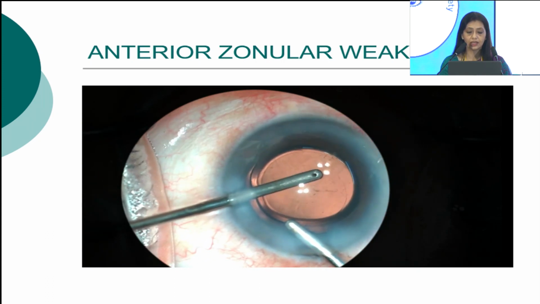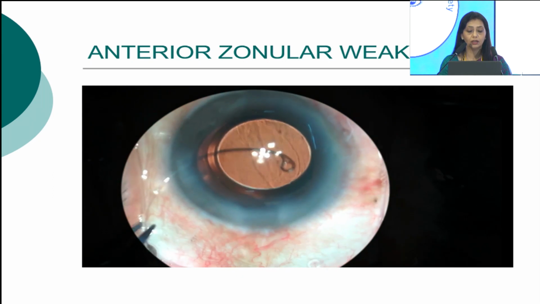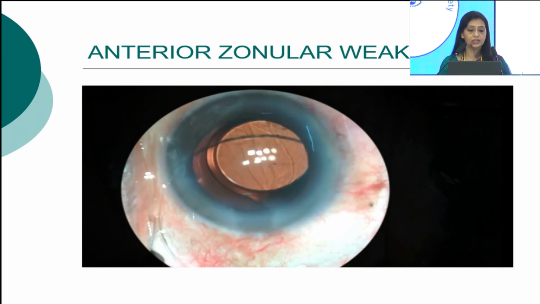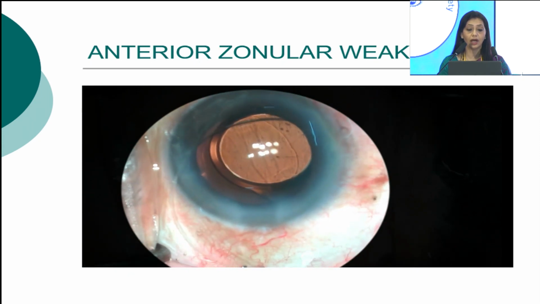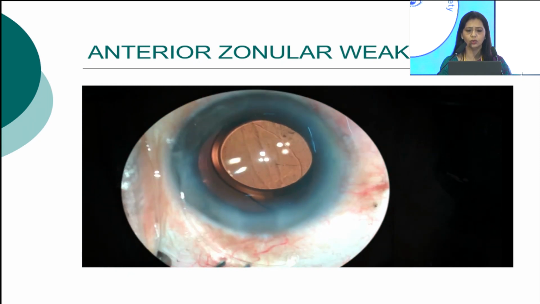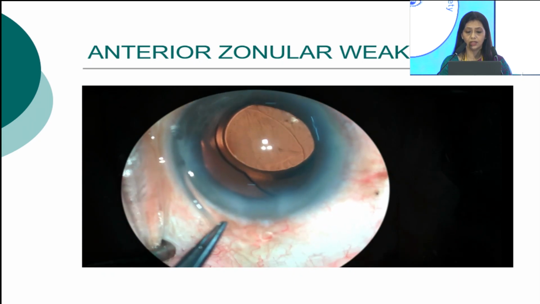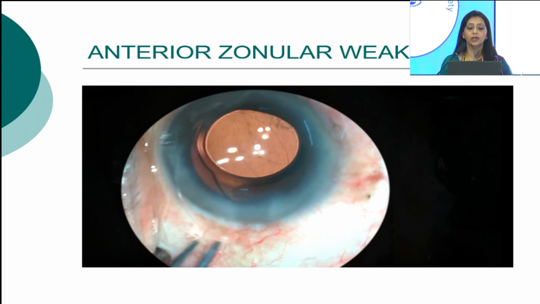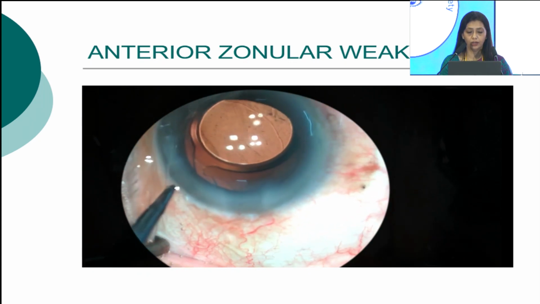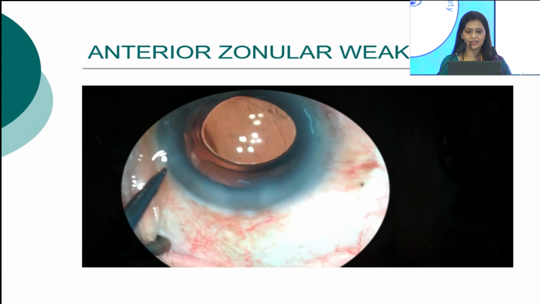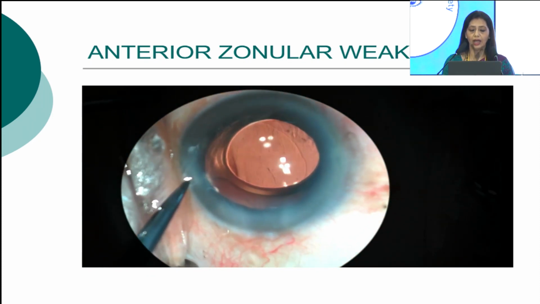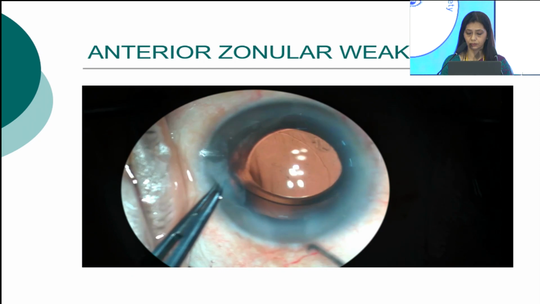So in this case, to prevent a decentered IOL because of the anterior zonular weakness, you can see very clearly how decentered the IOL will look because of this weakness causing an unstable bag. What we can do is plant a CTR ring, and this CTR placement will end up in a very well stable bag, taking care of the zonular weakness, and we'll have a centered IOL.